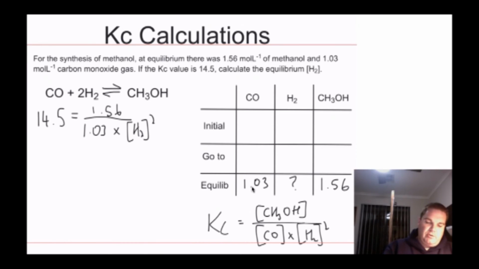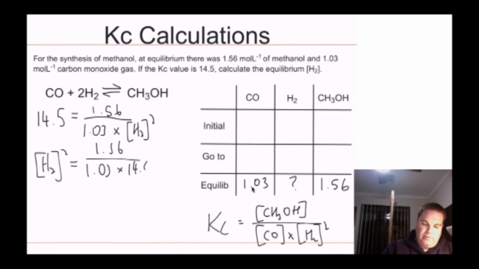So we rearrange our equation and we get hydrogen squared equals, so it's down the bottom here, so we flick it with this one over here. So it's 1.56 over 1.03 by 14.5. So all you've got to do is swap the position of those two. You'll get a value for that. You square root it, just to get the concentration of H2.